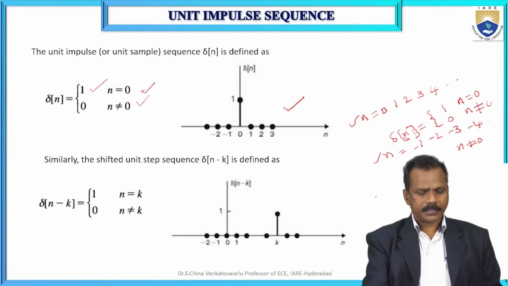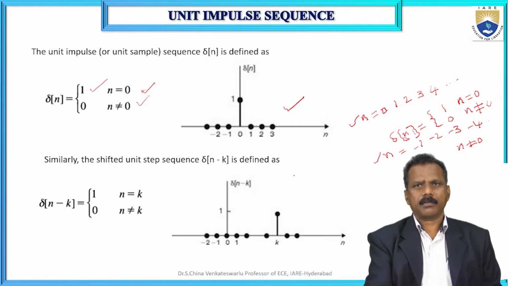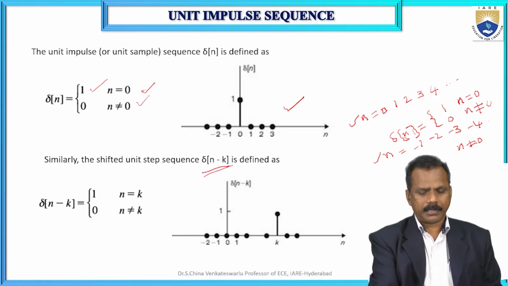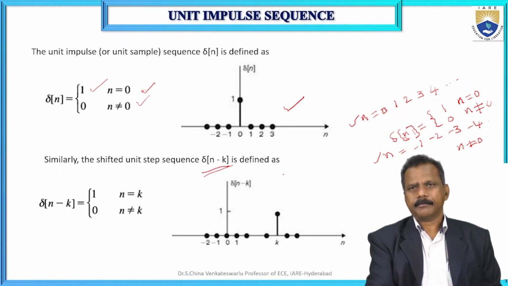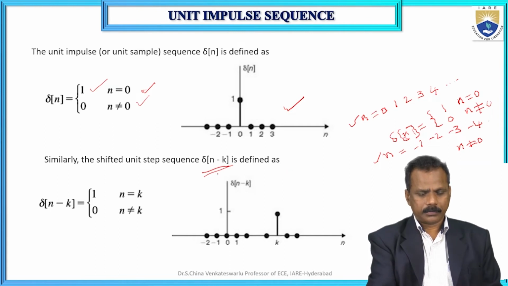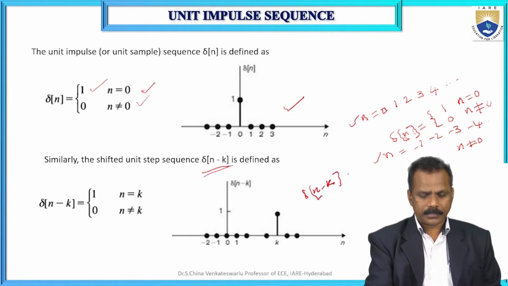Next, similarly, the shifted unit sequence is delta of n minus k. So if n minus k is equal to 0 it is 1, otherwise it is 0; based on these limitations we see how it changes.